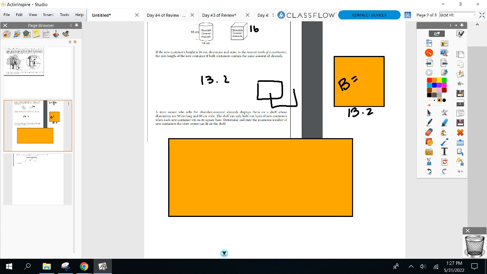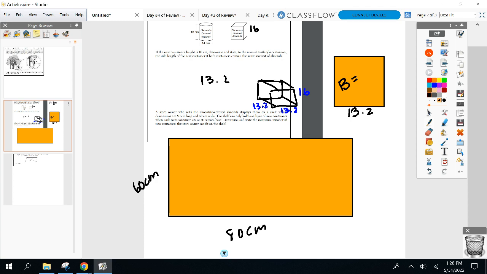So we're going to put these on my shelf. Again, 16, 13.2, 13.2. The shelf is 80 centimeters long and 60 centimeters wide. How many of these can fit on the shelf? And remember, the shelf can only have one layer, so I'm not stacking them. Okay, one layer.